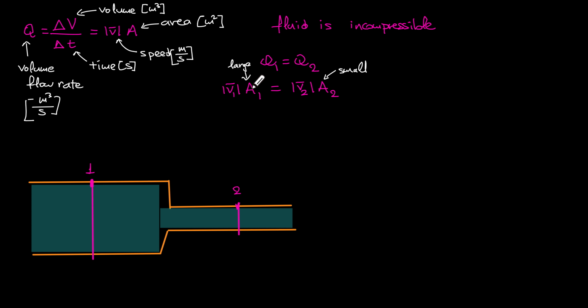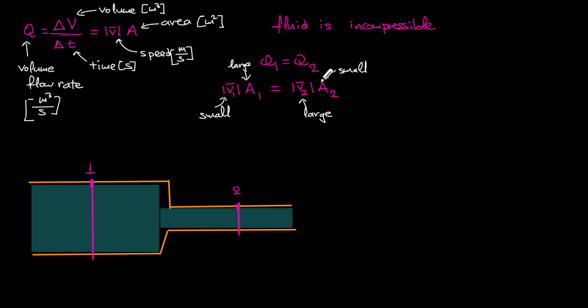Because you have a large area on the left side and a small area on the right side, this means that the speed on the right side needs to be large and this needs to be small, so that a large number times a small number can equal a large number times a small number. The speeds need to compensate for the difference in the cross-sectional areas.